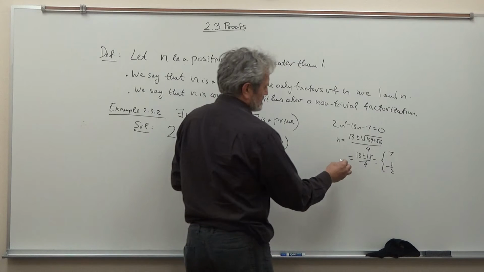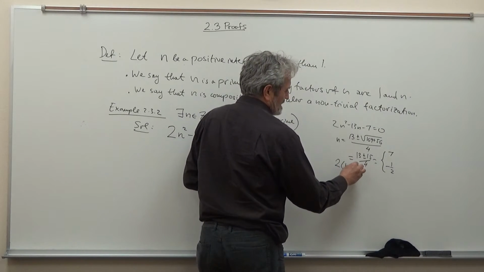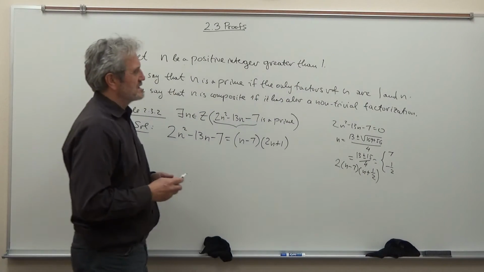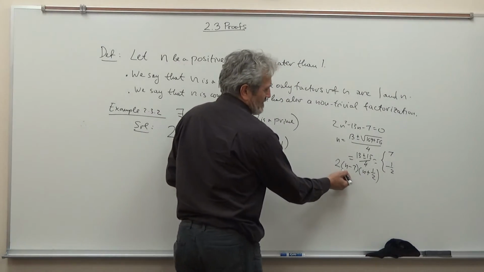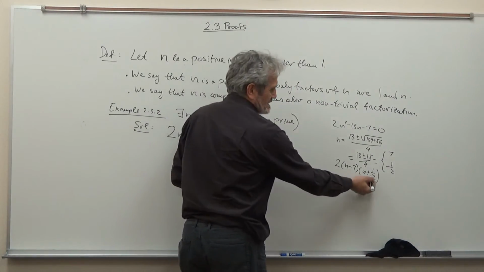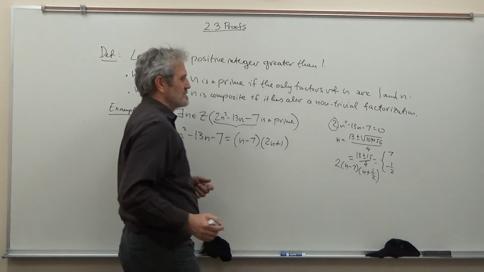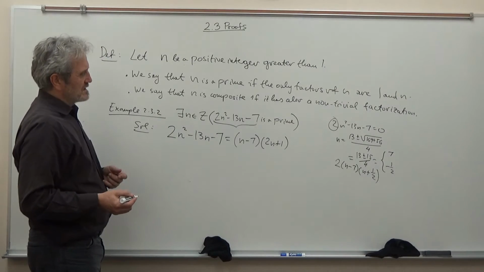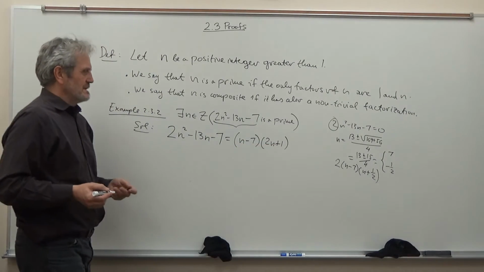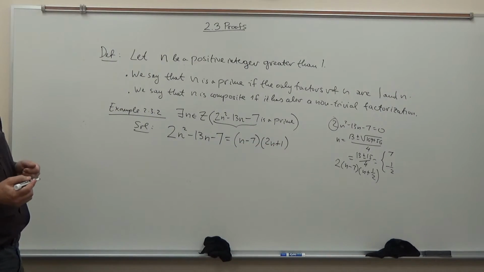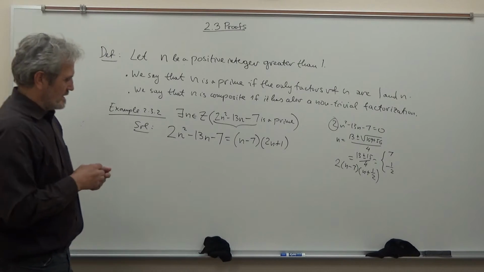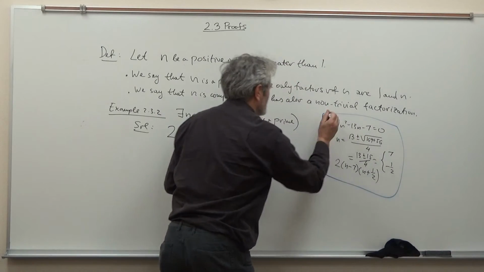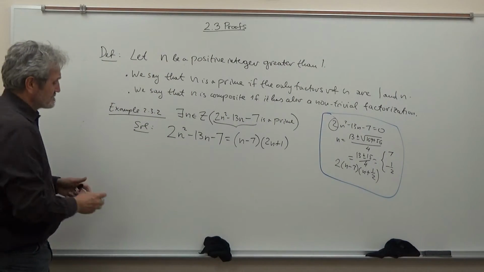And then this factors as 2 times (n minus 7) times (n plus 1/2). The factorization theorem says if you have a zero, you have the factor n minus that zero and the other one, and 2 is the leading coefficient. If you multiply the 2 into the second factor, you exactly get this. Anyway, this is less important than the algebraic part, but probably you're curious how we knew to do that. So let me exclude that.